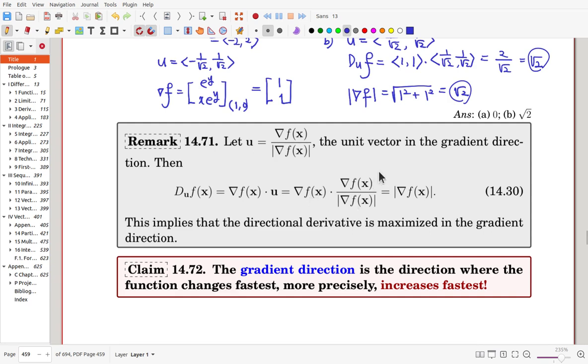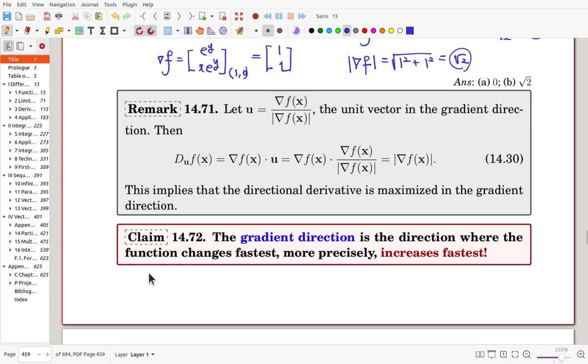Then these two dot products will make gradient of f norm squared and cancelled by 1 here, and we reach this one. This implies that the directional derivative is maximized in the gradient direction. So we have the one claim here.